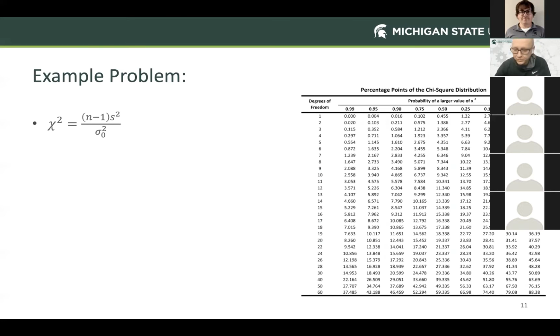We're just taking the ratio of our sample variance of 8.22, dividing by 15, and multiplying by our corresponding degrees of freedom, which are 9 in this case. And so our calculated test statistic is going to be equal to 4.93. We're going to compare that against our chi-square distribution table and determine the critical value.